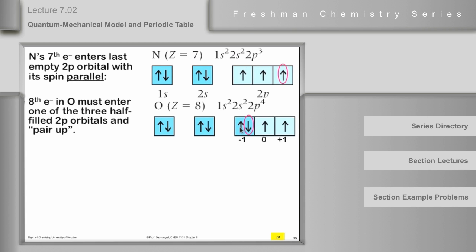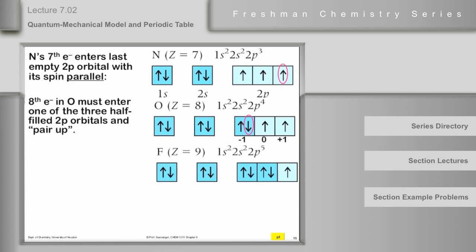It's 2p4. The first 3 electrons go in, spin parallel in the -1, 0, and +1 orbitals of the 2p. And so the 4th one has to go spin down in order not to violate the what principle? Pauli exclusion principle. Okay? Pick up on this, please.